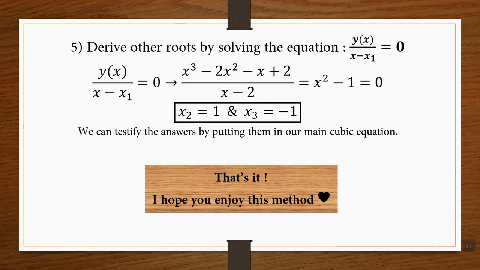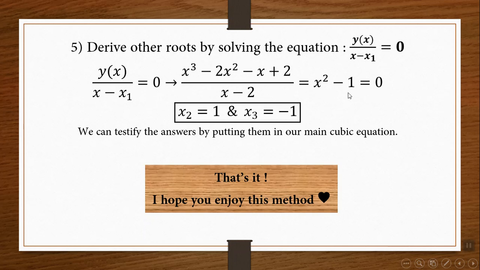And the last step is to derive other roots by solving the equation y of x over x minus x1 equals 0. Here we have y of x, which is x cubed minus 2x squared minus x plus 2, over x minus x1, which is x minus 2. This equals x squared minus 1.